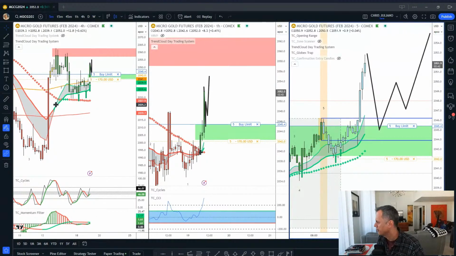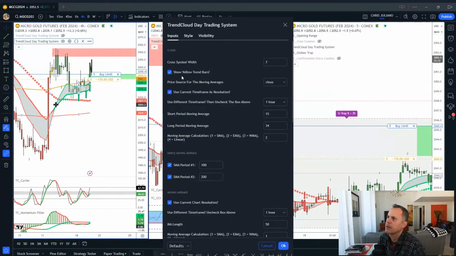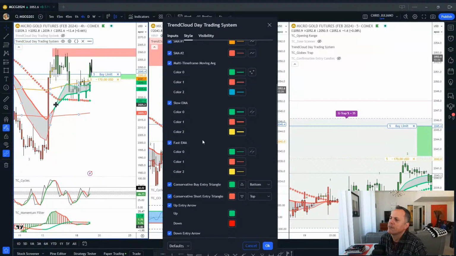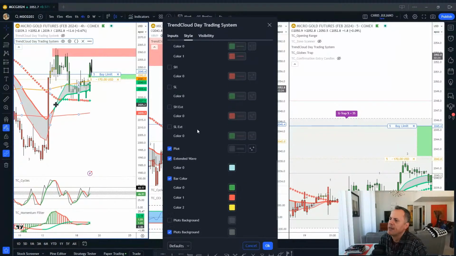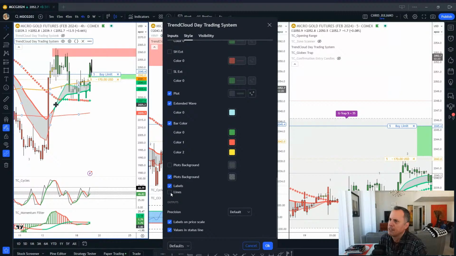Oh yeah. Go to style and click the lines. Yeah, that's right. If you go under style, you've got the lines on here. I think I have it off, but there you go.